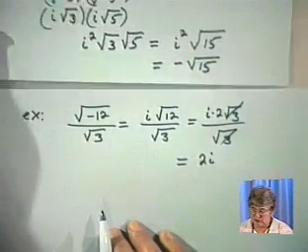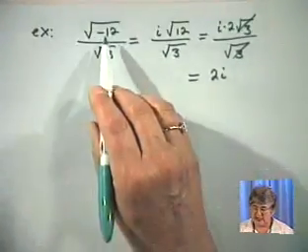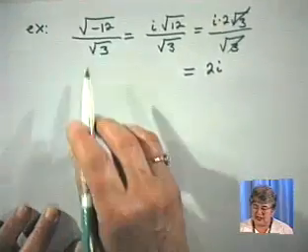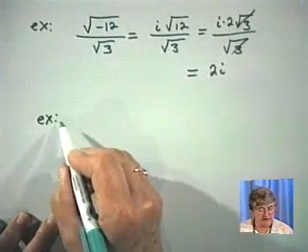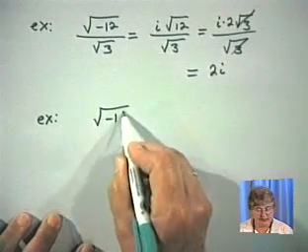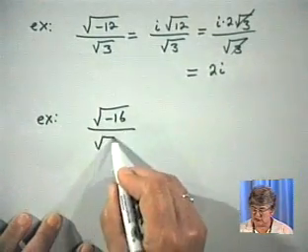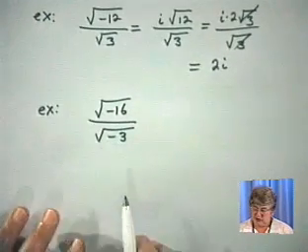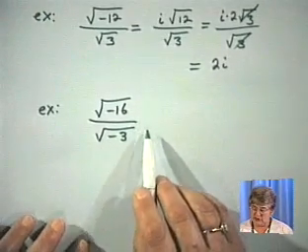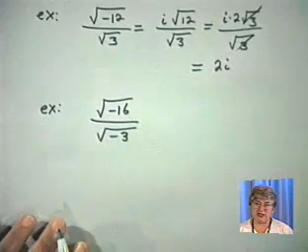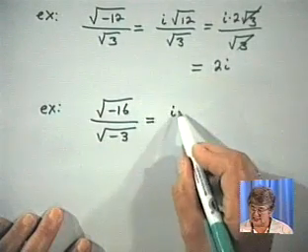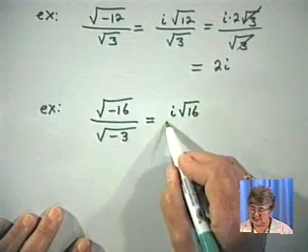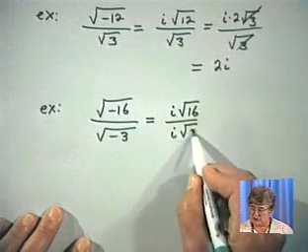Now let's do one more. What happens if we have in the numerator and denominator an I number with a negative inside the radical? So suppose we have the square root of negative 16 divided by the square root of negative 3. Notice that we cannot write this under one radical because neither one of these are real numbers, and that property doesn't work. So what we're going to say is this is I times the square root of 16, and this is I times the square root of 3.